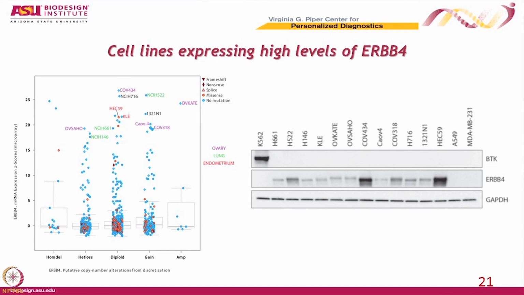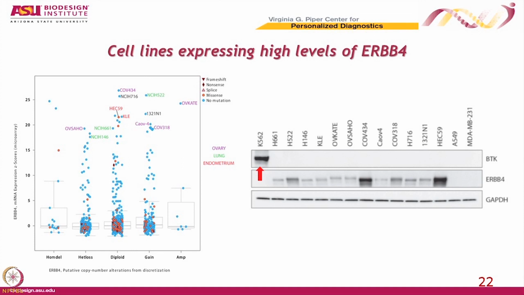And then we ordered a bunch of them. And then the first thing we did was confirm by Western blot that these cell lines were as advertised. So here we show, here's our positive control that has BTK. All of these cell lines have no BTK. So we've taken care of that.